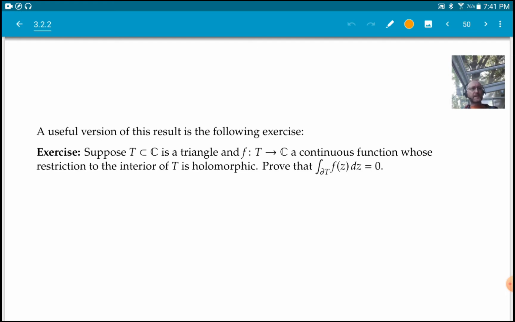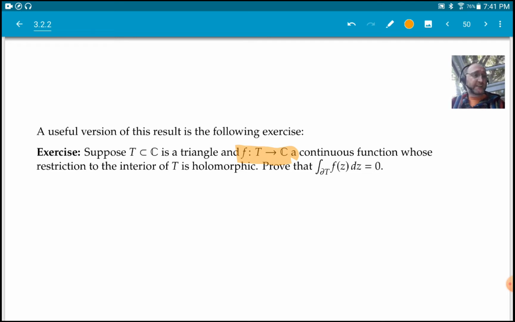Now, a useful version of this that sometimes comes up, and this sort of argument comes up quite a bit, is that you just have a continuous function on a triangle. Now, T is a closed set, so it doesn't really make sense to talk about a holomorphic function.